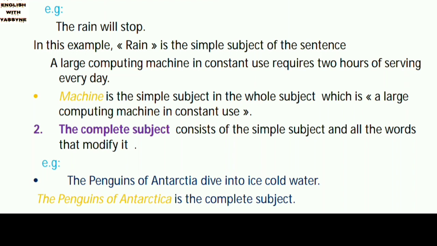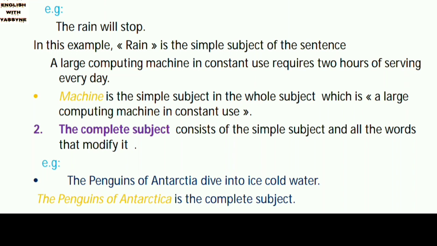The complete subject is the simple subject and other words that modify it. So in the same example, a large computing machine in constant use requires 2 hours of servicing every day is a sentence. The complete subject of it is the whole subject, a large computing machine in constant use. This is a complete subject, which means a simple subject with modifiers.